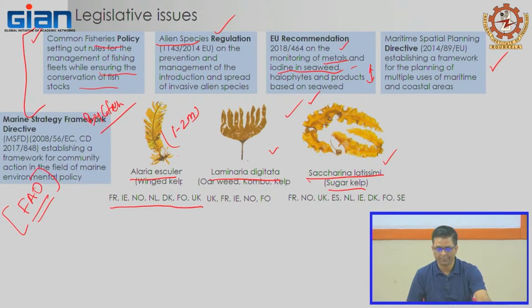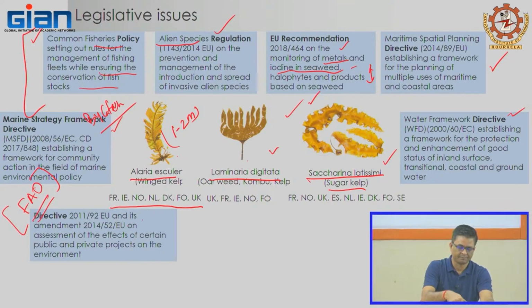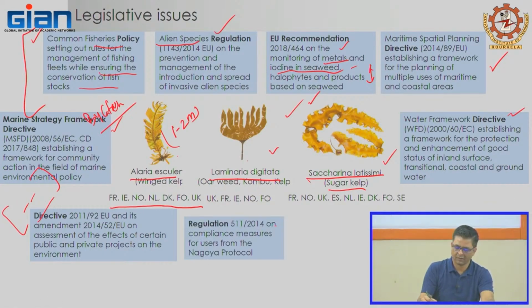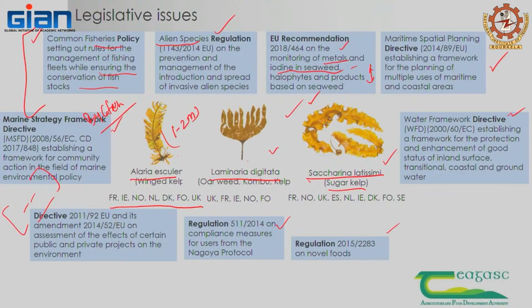Then you have the maritime policy framework, the water framework directive, different regulations and the novel food regulation. This is all related to Europe. If seaweed is cultivated for food purposes, then it doesn't come under novel food regulation.